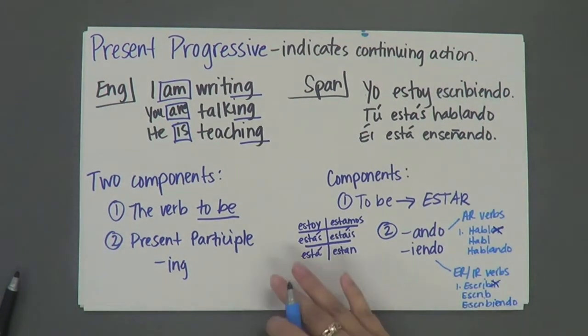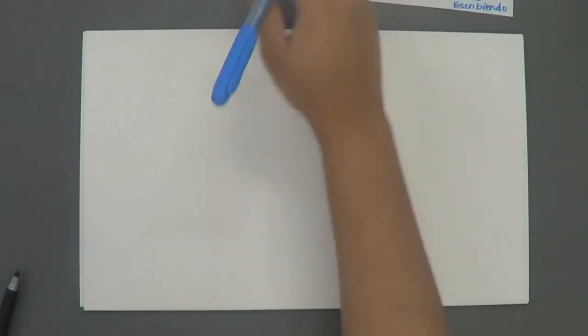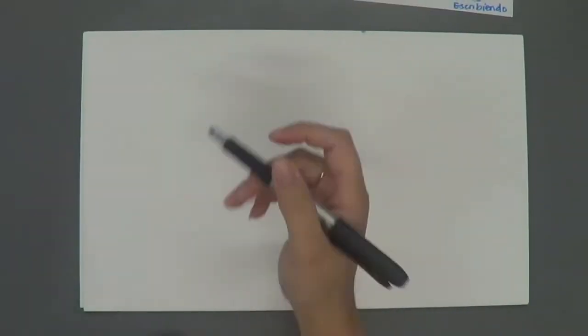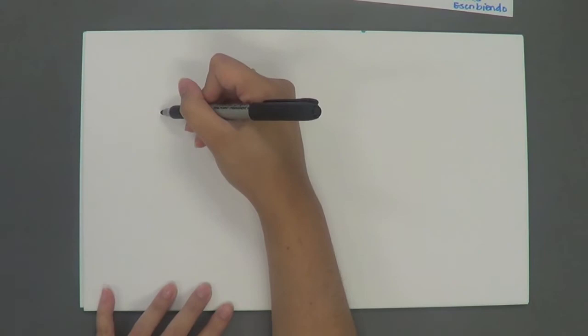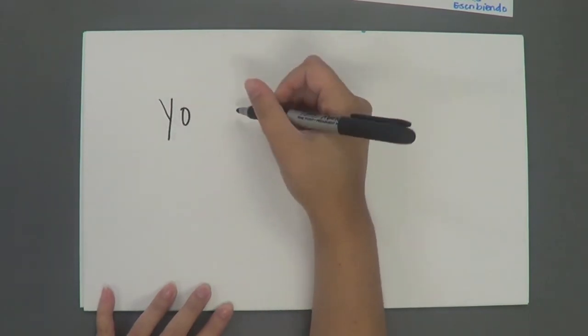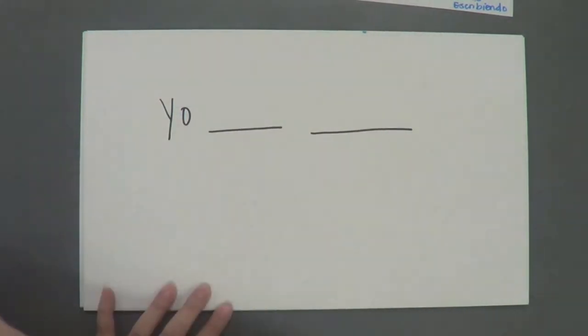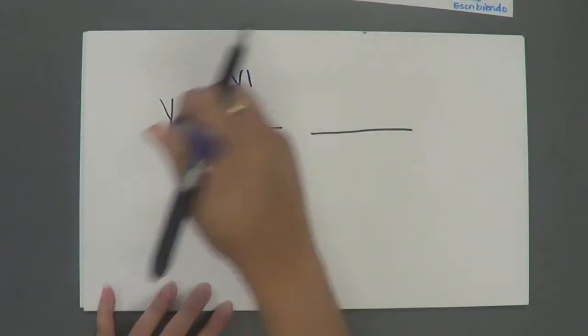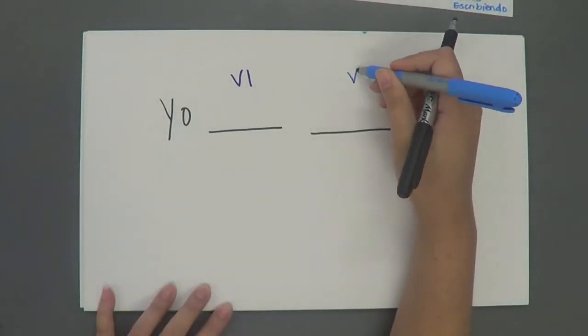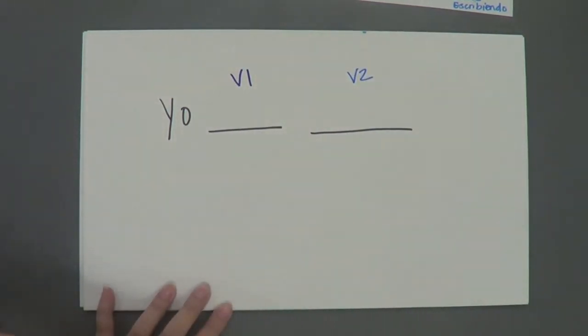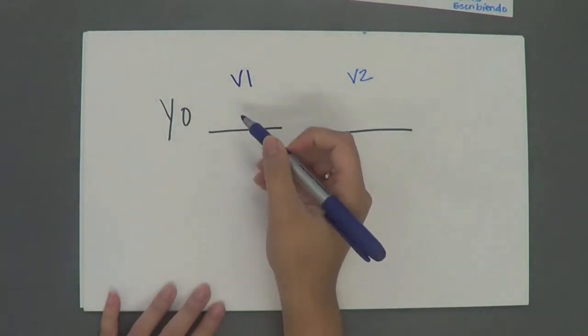So then, to write a sentence in Spanish using the present progressive, you need to remember that you need those two things. So an example would be yo. So you're going to have two verbs. This is going to be verb 1 and then verb 2. So your first verb will always be estar.